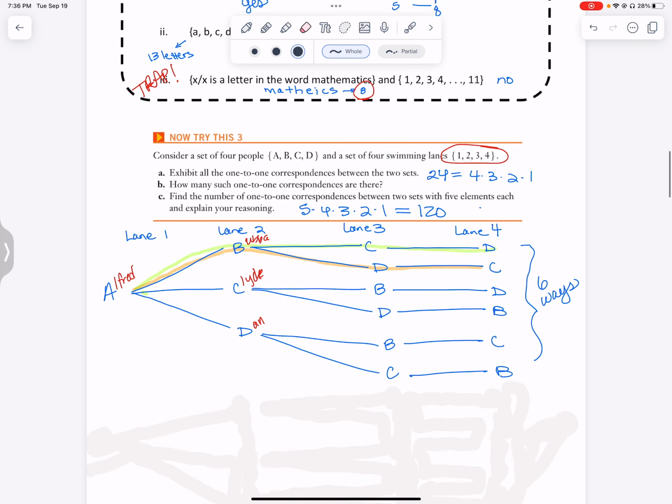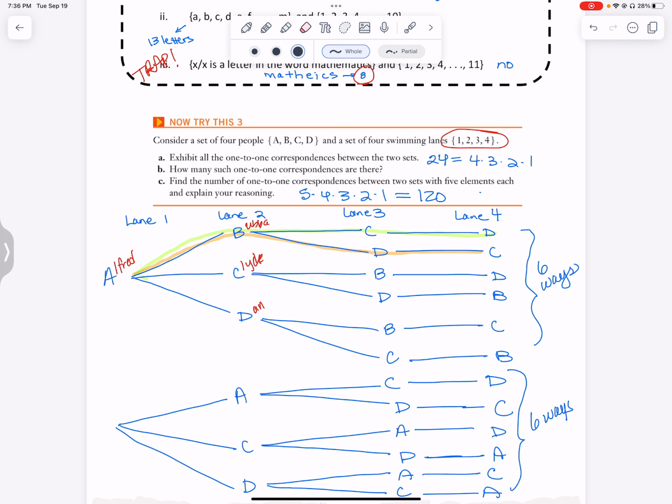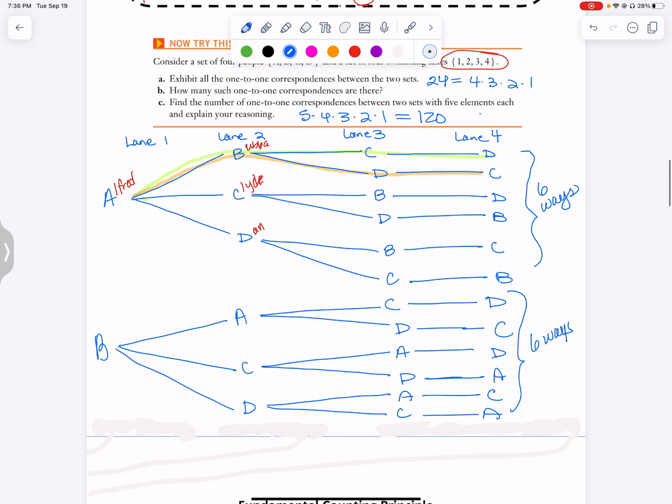Well, what happens if we put Bubba in the first lane? That changes everything up, right? But there's still 6 ways that we could do it, because if Bubba's in the first lane, then instead of having Bubba here, we're going to stick him up right there.